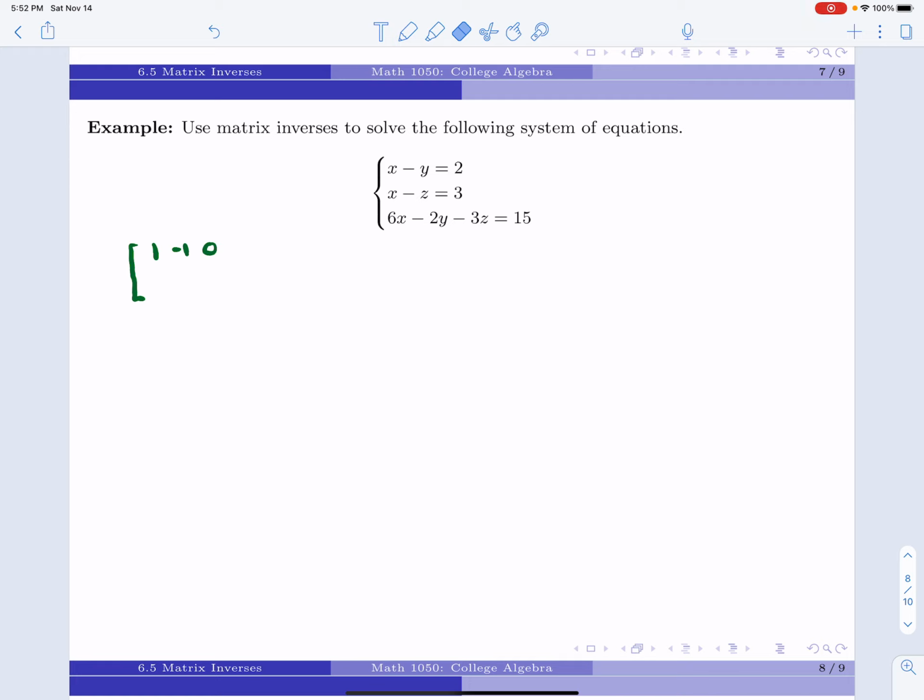For our second line we get 1, 0, -1. And for our third line we get 6, -2, -3. And that's our coefficient matrix. And then our variable matrix, in this case, we have 3 variables, x, y, z, and it is equal to our constant matrix, 2, 3, 15.